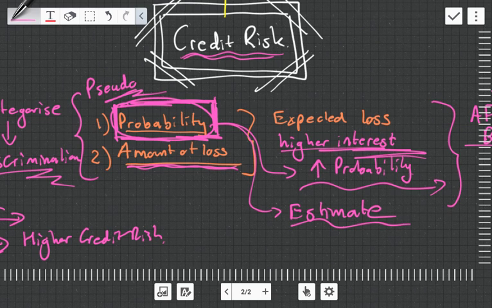So you could have the exact same salary, the same degree, the same everything, but because of the color of your skin or your ethnicity, the banks would say, we're going to charge you much higher interest, or we're not going to lend you any money because of your ethnicity.